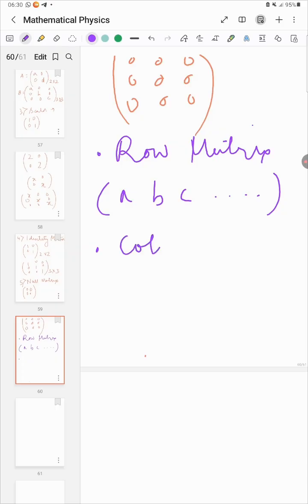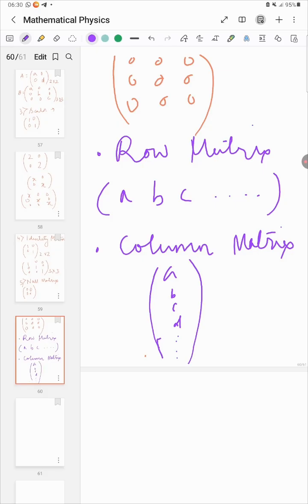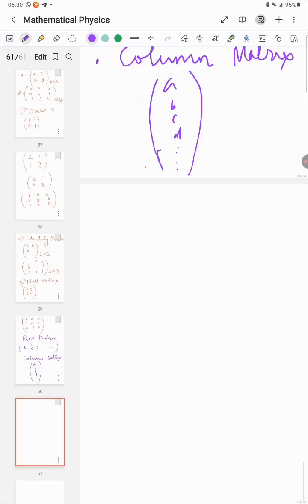Now comes column matrix. Again, a column matrix will be a matrix which has just one column, A, B, C, D and so on, but the column count being fixed to 1.